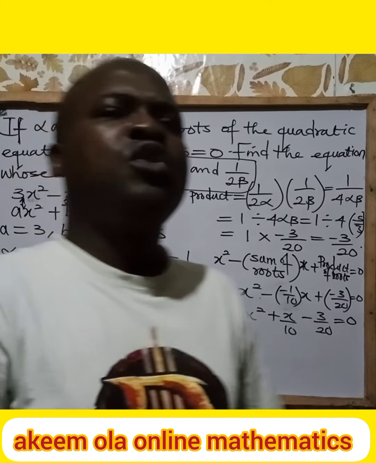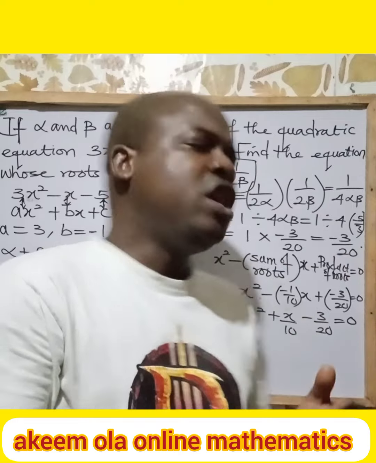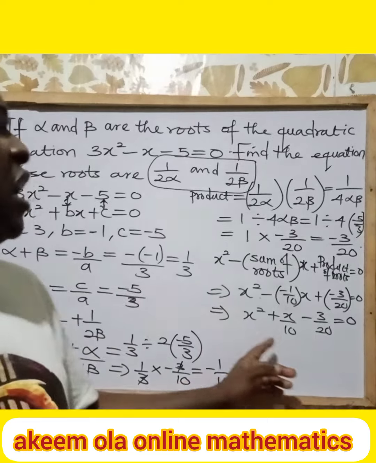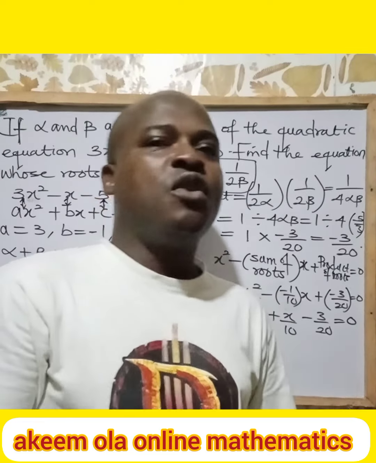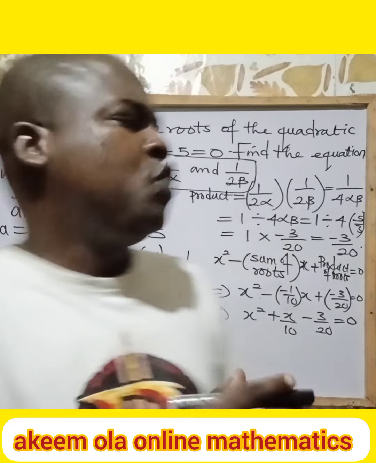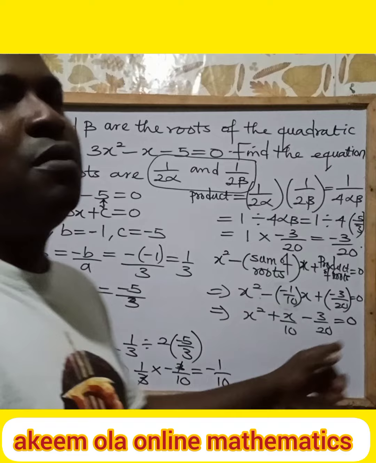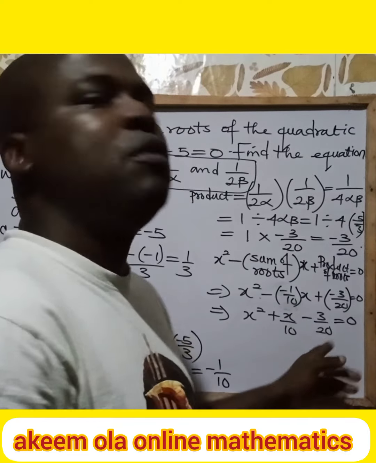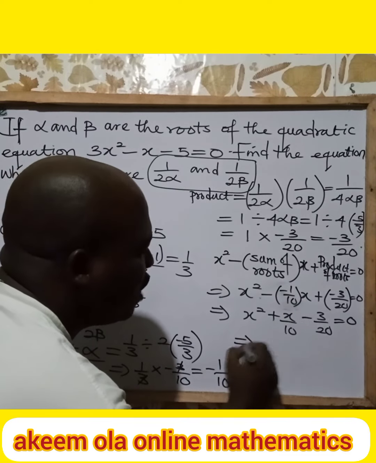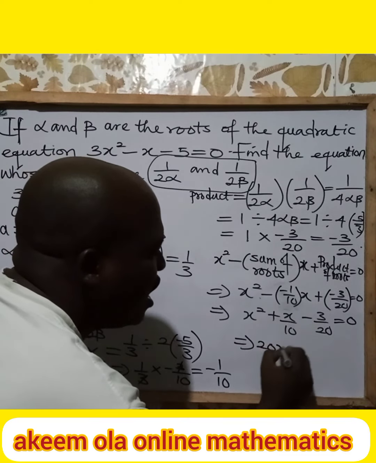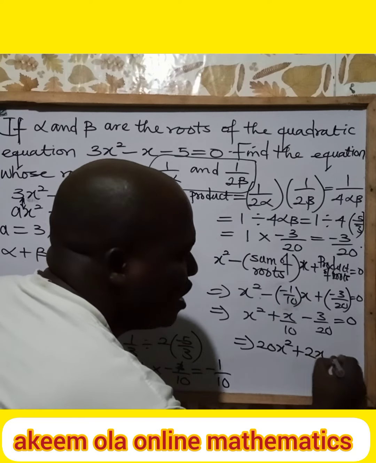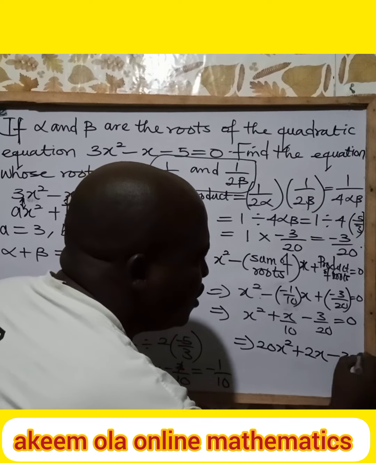When you are solving a question on quadratic equation, we must not have something like this. So what we need to do from here is to find the LCM of the denominators. Of course, the LCM of 10 and 20 will surely be 20. So we multiply each term through by the LCM, which is 20. That means we are going to have 20x squared plus 2x minus 3 is equal to 0.